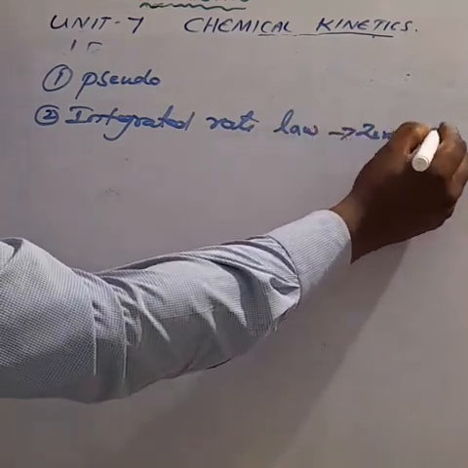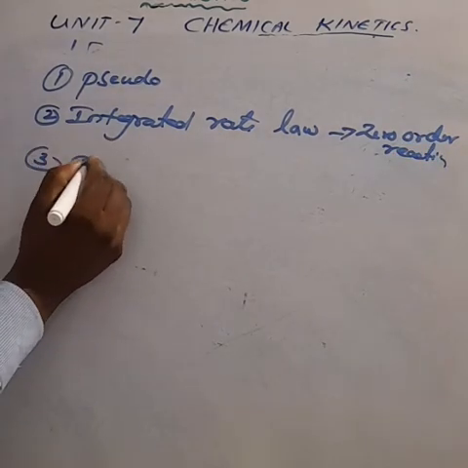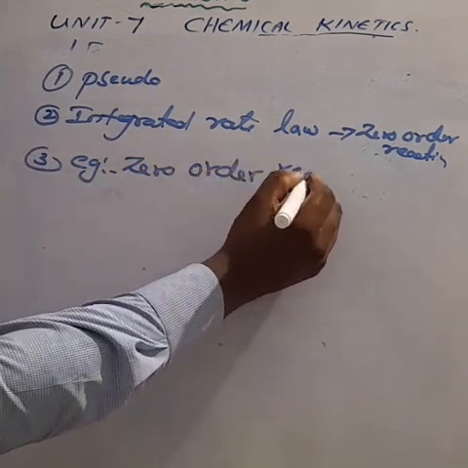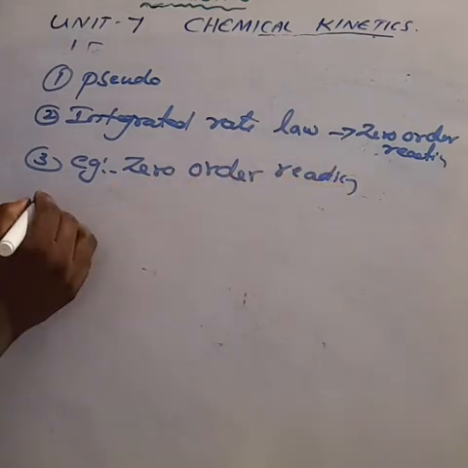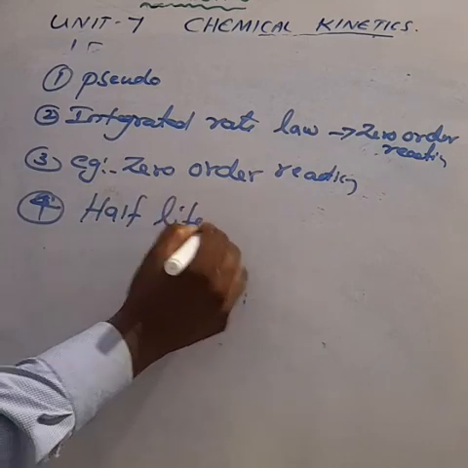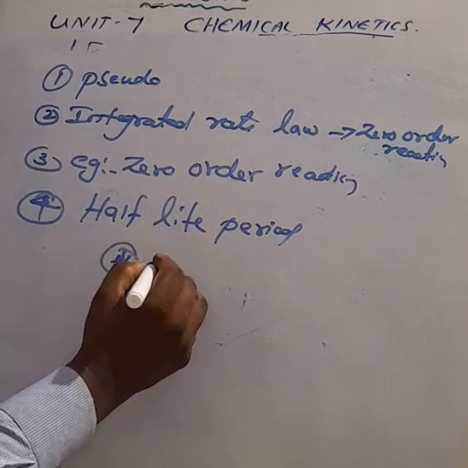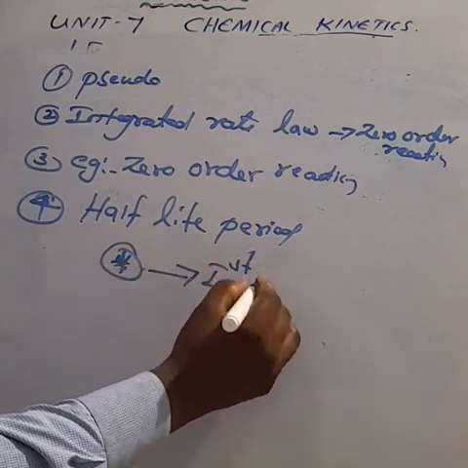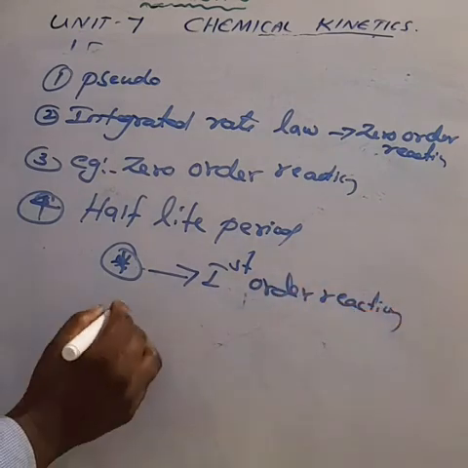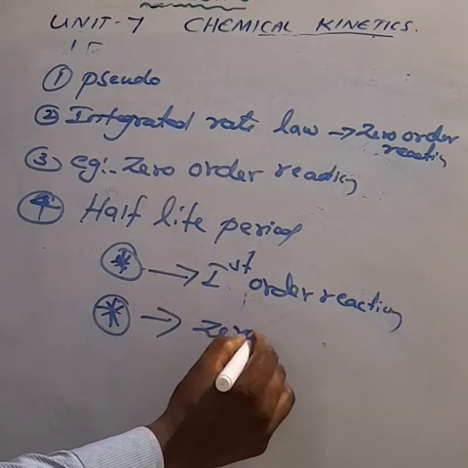Third question, examples of zero order reaction. Fourth question, half-life period of a reaction, which you have to calculate. Half-life period for a first order reaction and also a zero order reaction. The half-life period for the first order reaction is on page number 215. Half-life for a zero order reaction is on page number 216.